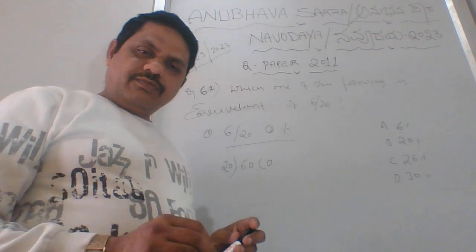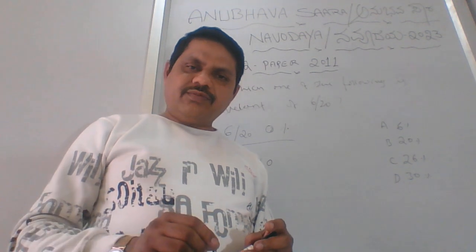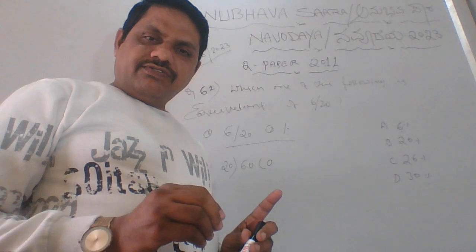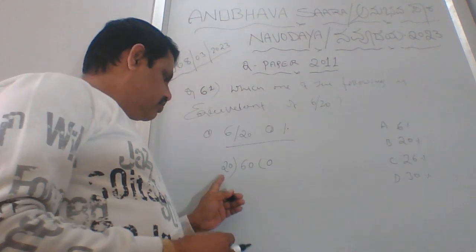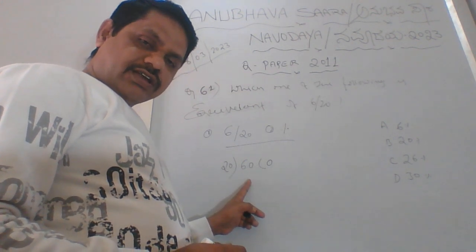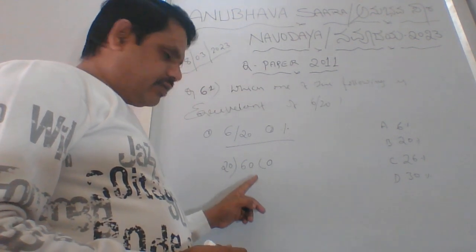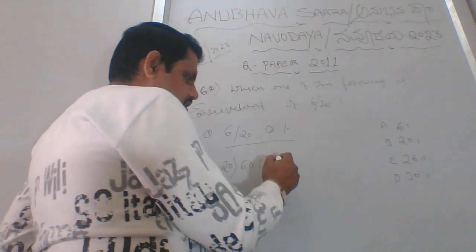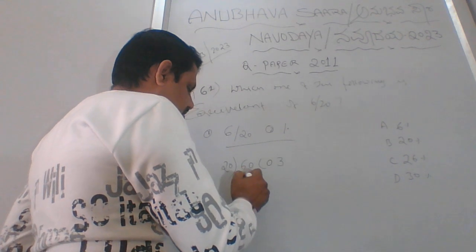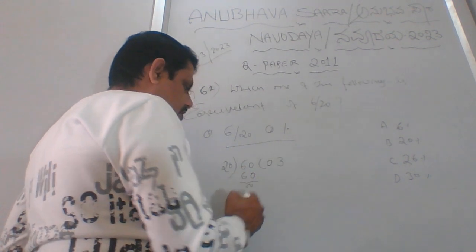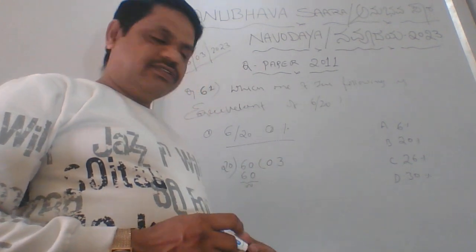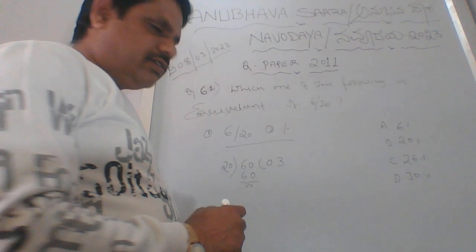This is the basic method or traditional method or thumb rule, whatever you call it, which is followed in division in maths. Clear? Now 60 is greater than 20, so we can solve it. From the table of 20, 3 twos are 6, 3 zeros are 0. Clear? So 6 divided by 20, the answer is 0.3.